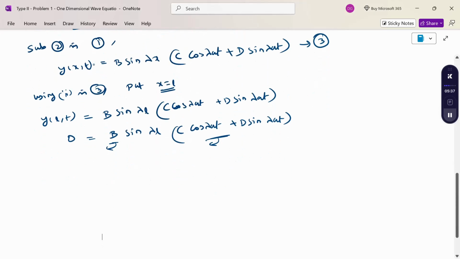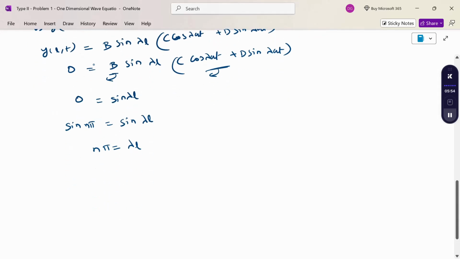Therefore B is non-zero, and 0 equals sin lambda L. Taking n pi, sin n pi is 0, so lambda L equals n pi, and lambda equals n pi by L.